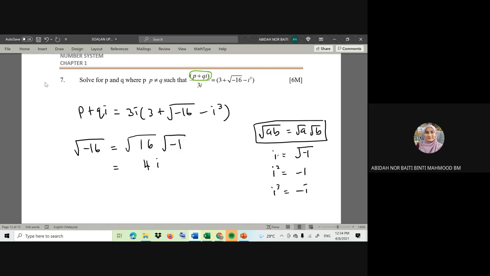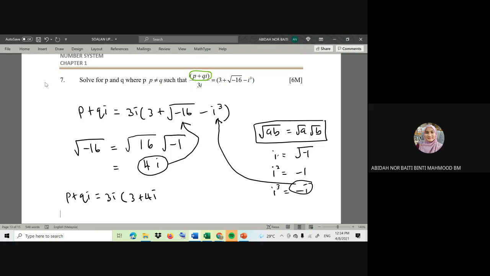Okay, betul. So kita gantilah semua kat situ. For i ganti kat sini, yang ni ganti di sini. Therefore, p plus qi equals to 3i times 3 plus 4i. So negative, positive i lah ya.